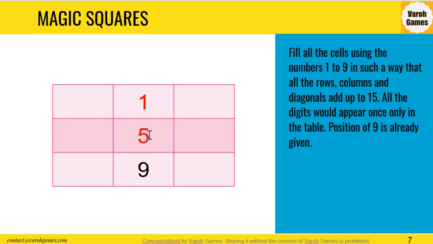Because if I write 4 or 2 over here and 1 or 5 over here, at some point of time 1 and 4 or 1 and 2 will come together in this diagonal position, and then suppose it is 1 plus 4, then what will happen? 1 plus 4 is 5 and the remaining cell needs to take 10 and a double digit number is not allowed. Let me show you what I mean.